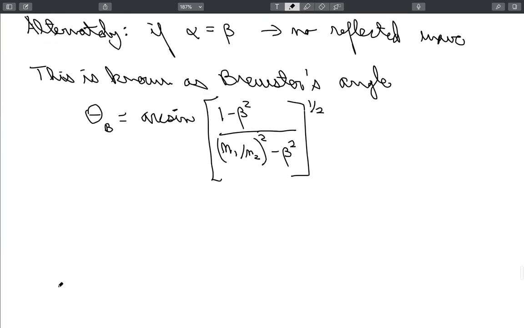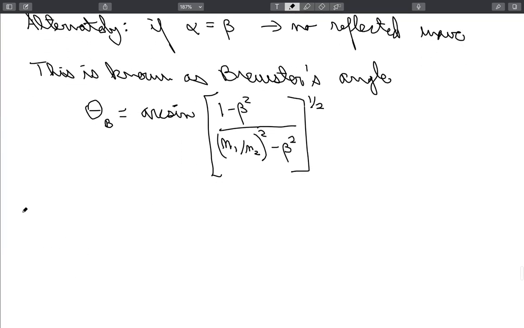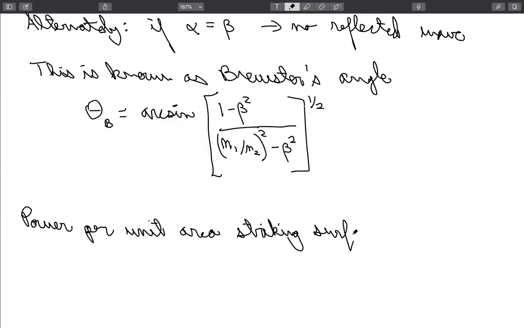Just some final notes. The power per unit area striking the surface is really just the Poynting vector dotted into the normal unit vector for your surface.